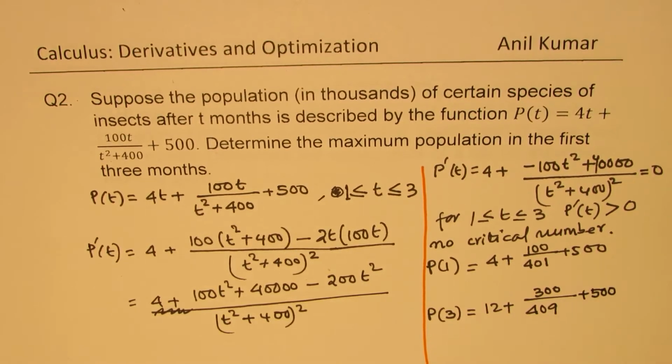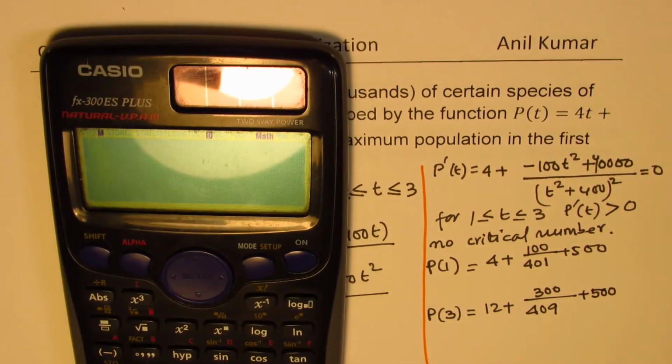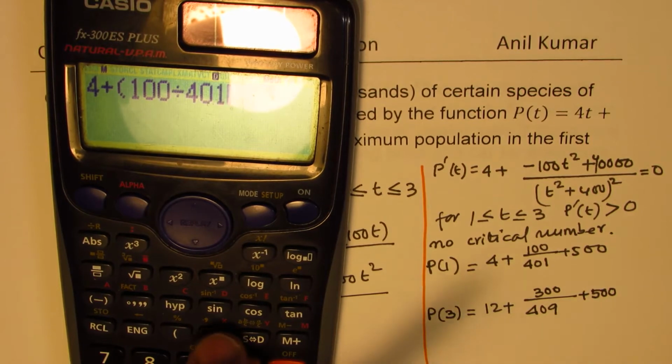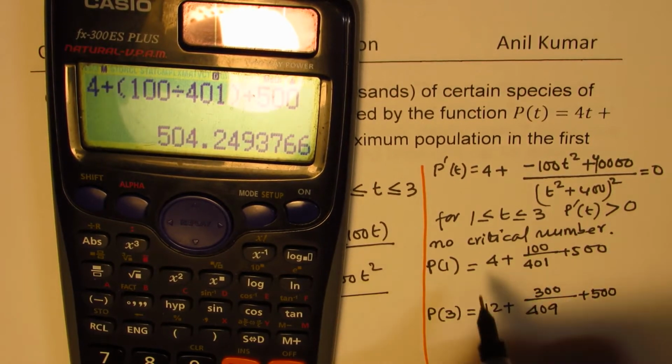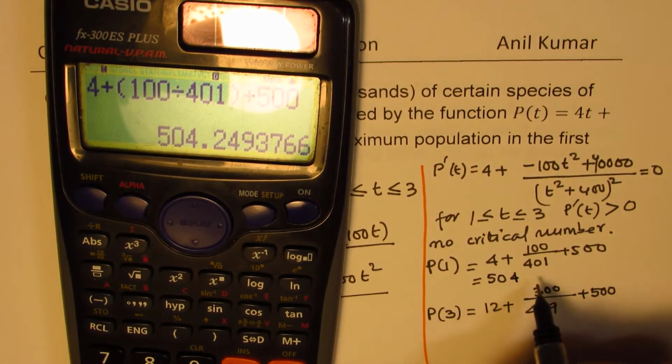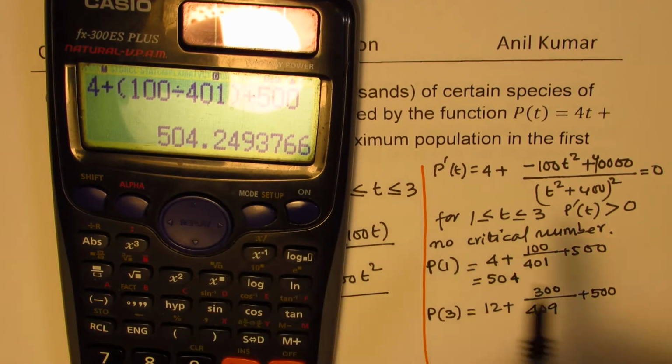So let's calculate these values. The first one is 4 plus, within brackets, 100 divided by 401, plus 500. That gives us a value equal to 504.249, and it is in thousands.